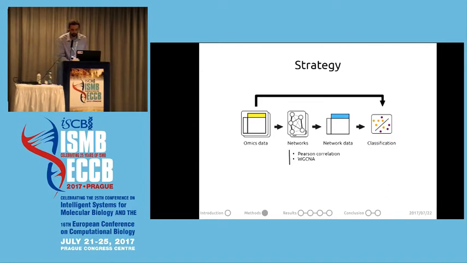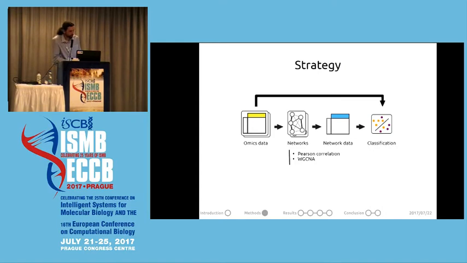But what we propose instead is to use those features to derive a patient similarity network in which nodes represent patients and the similarity between their molecular profiles is encoded by the weight of the edges, so the thickness of the edges on this toy example.